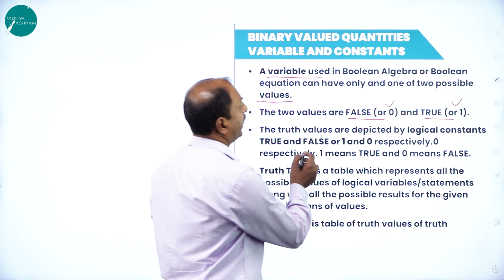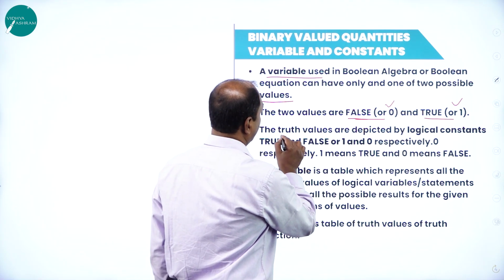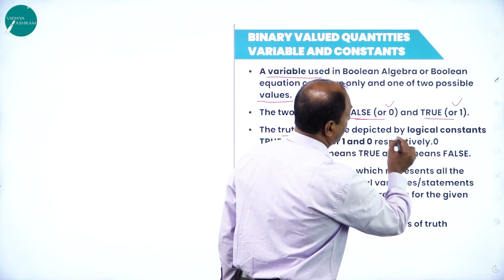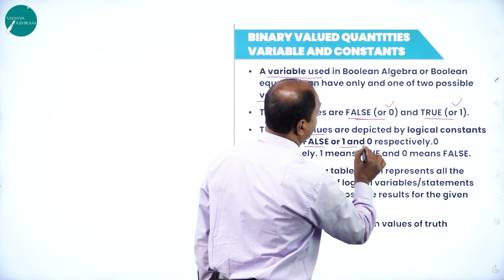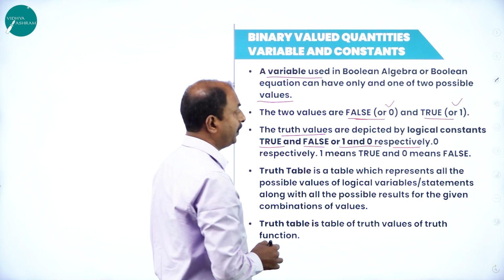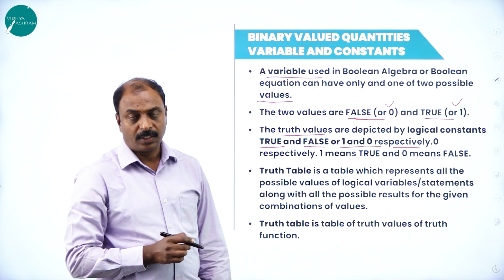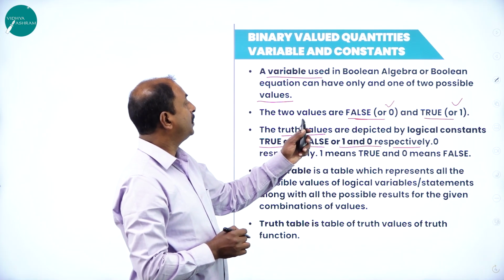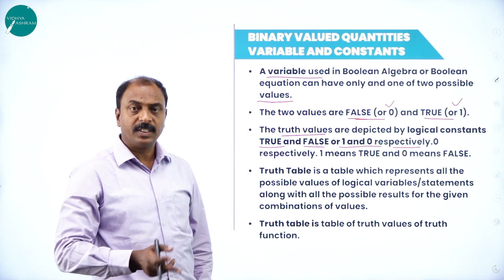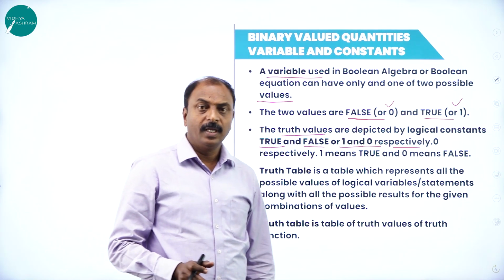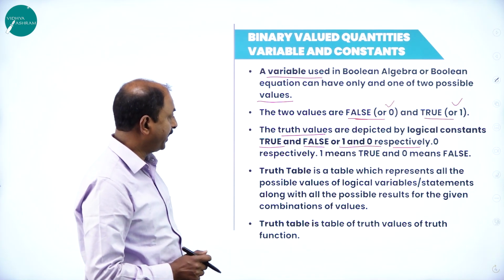These are called truth values. The truth values are depicted by the logical constants true and false, or 1 and 0 respectively. So 1 and 0 are called logical constants, and logical variables hold either 0 or 1.